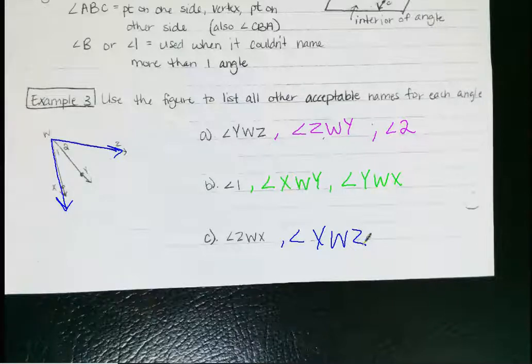We cannot name it angle W because W is the vertex, or the origin, for too many rays. Hopefully you notice that these are exact opposites. We're just moving the endpoints around in these names because the vertex has to stay in the middle.